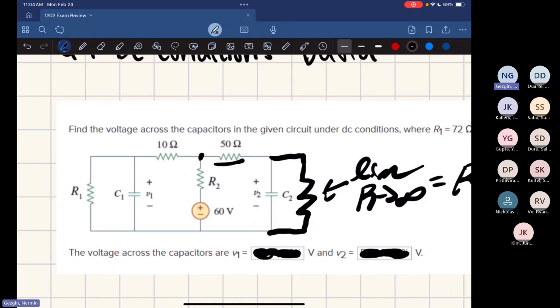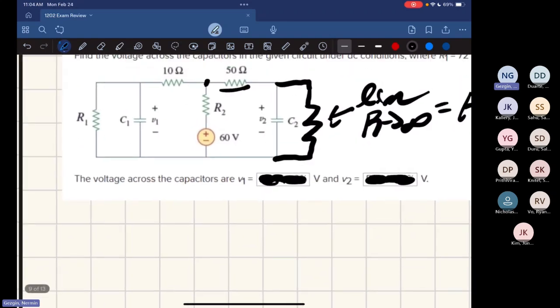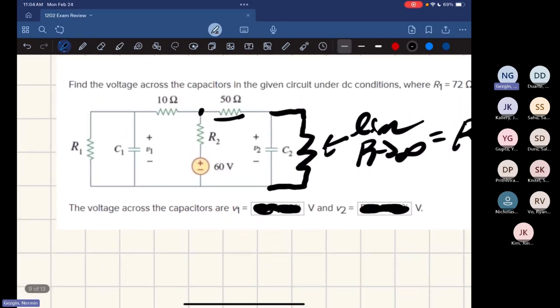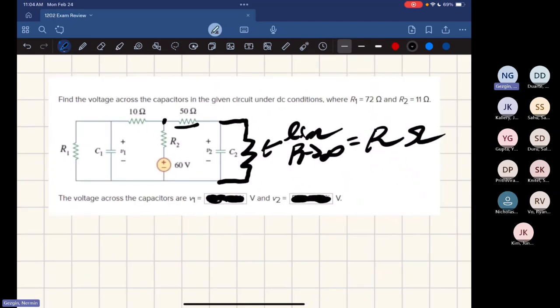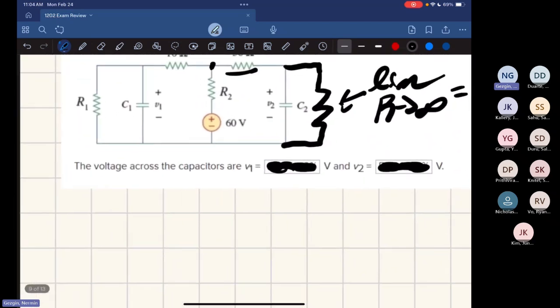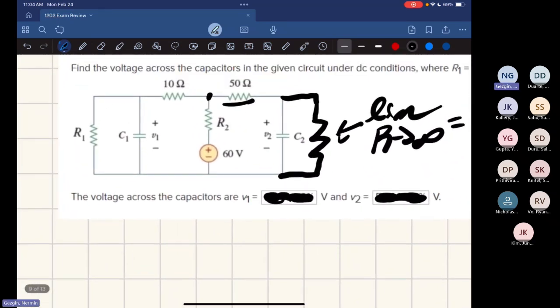They're asking us for the voltage at V1, which is going to be the voltage from those 2 points.